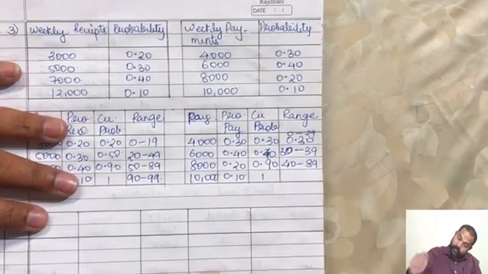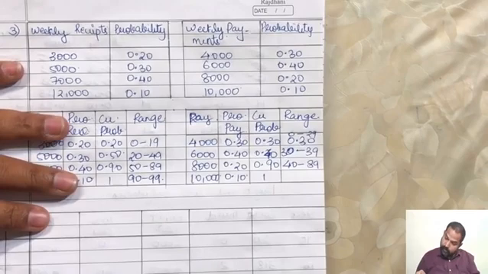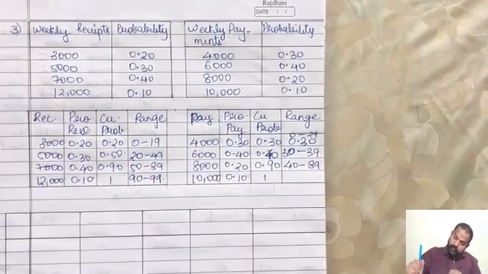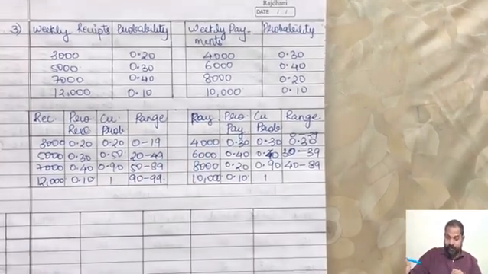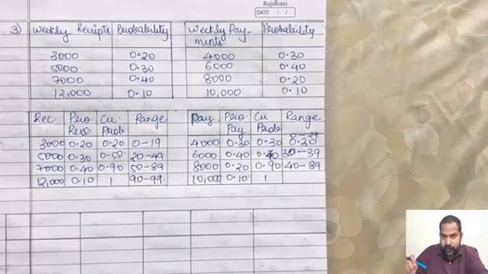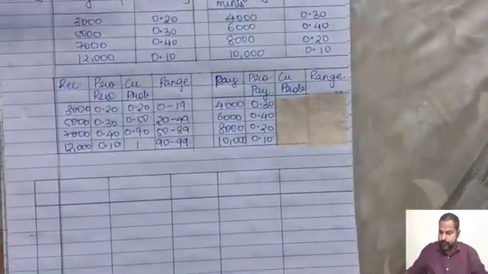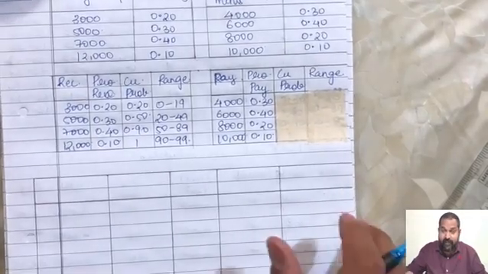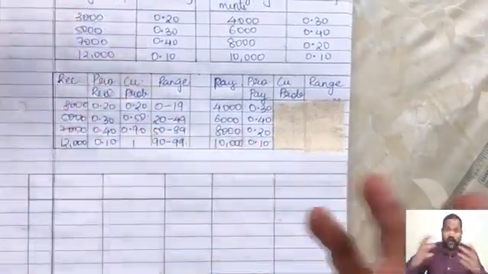Correct? No. I think I messed up the entire table. Just give me 1 second. This is the little that I have done. Sorry, because I didn't want to draw the entire table again.